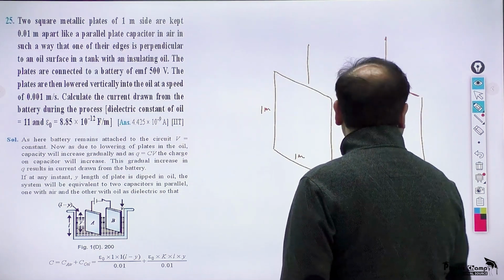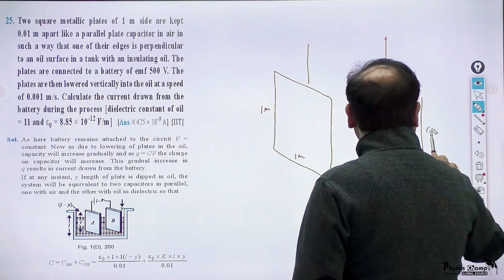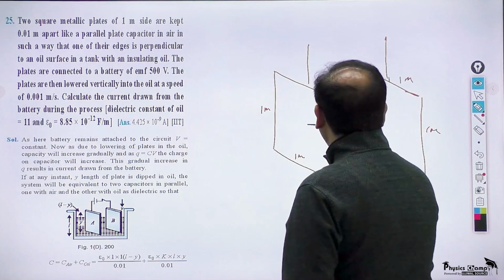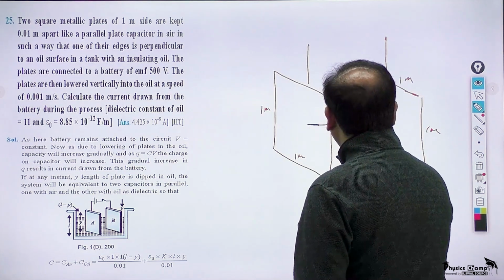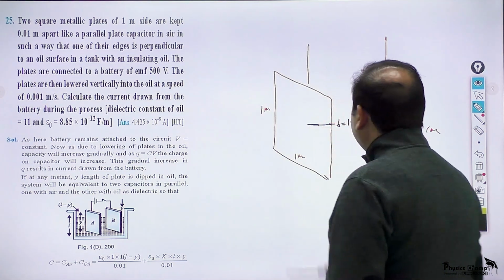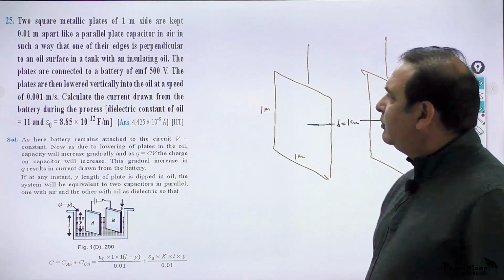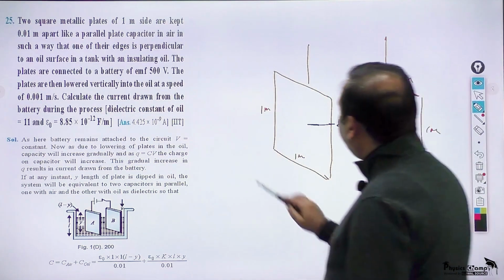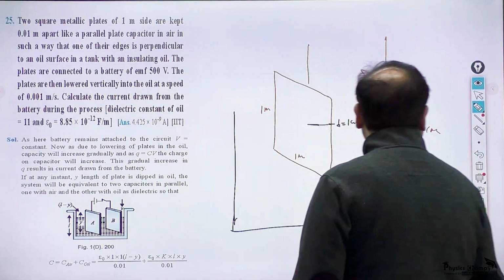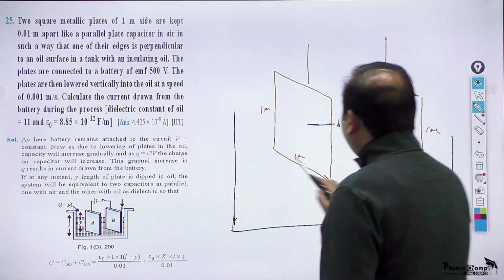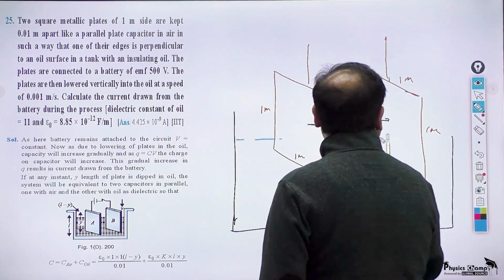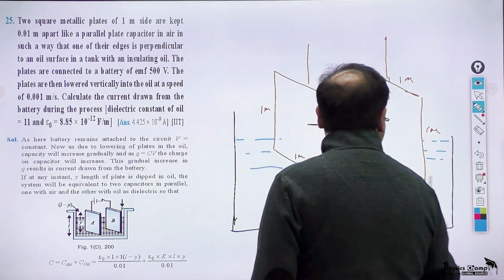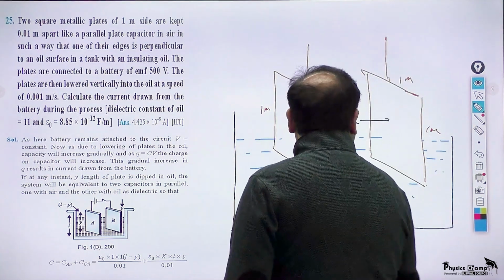Instead, they are kept just 1 centimeter, or 0.01 meter, apart, and they are not kept in air completely. Instead, they are kept partly in oil and partly in air.